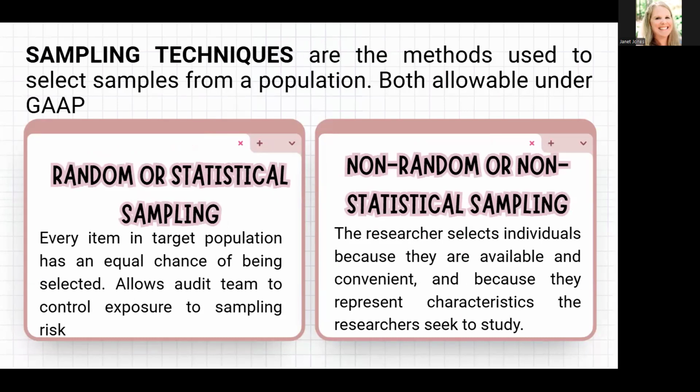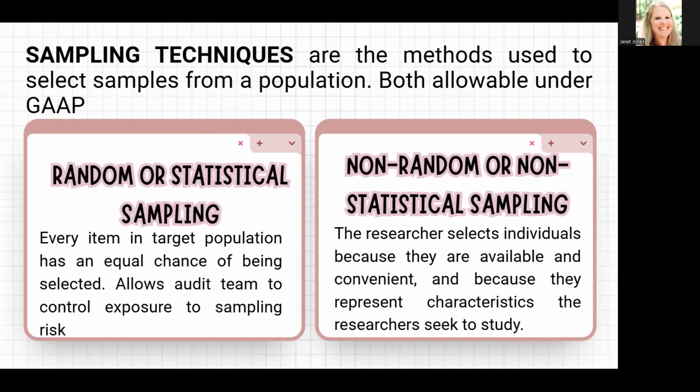So GAAS allows us to use both of these, and we do use both of them more often than you might think. However, only the random or statistical sampling will allow us to control for that exposure to sampling risk. So the idea that we want to have a sample that's representative of a population, the only way we can control for that is to use random or statistical sampling.